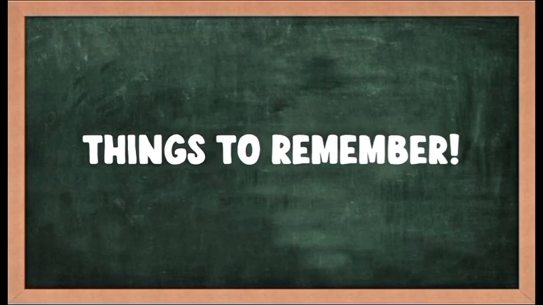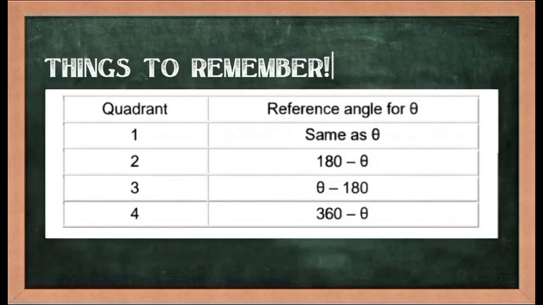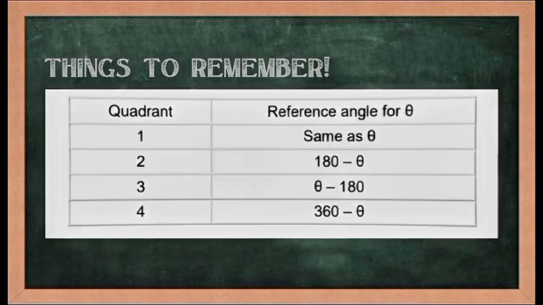Things to remember: if the angle is in quadrant 1, then the reference angle will be the same as the value of the angle theta. If the angle is in quadrant 2, then you need to compute 180 minus angle theta. If the angle is in quadrant 3, then you need to compute angle theta minus 180. If the angle is in quadrant 4, then you need to compute 360 minus angle theta.